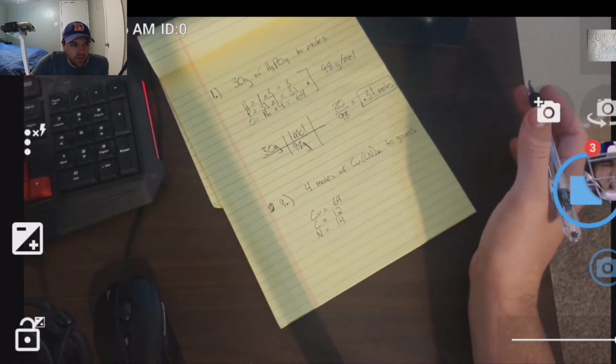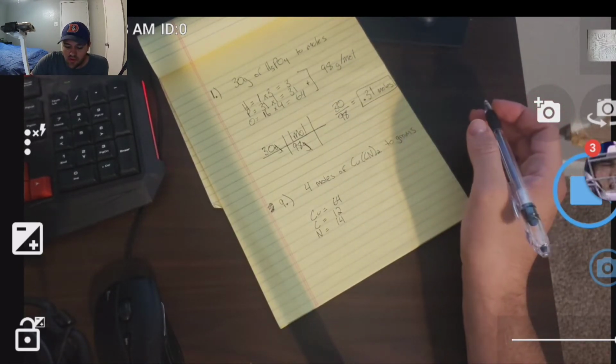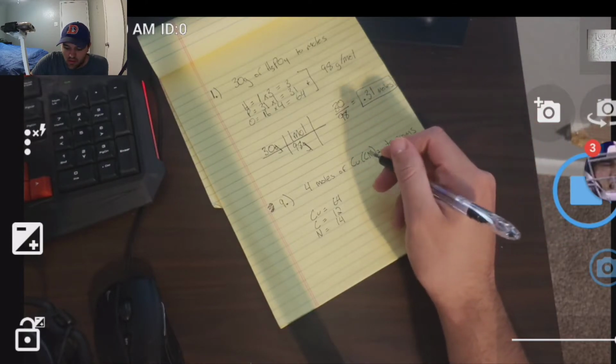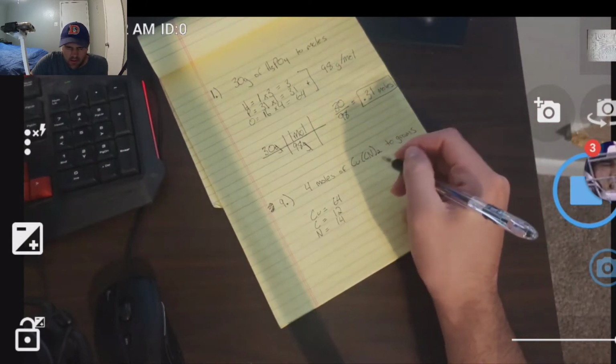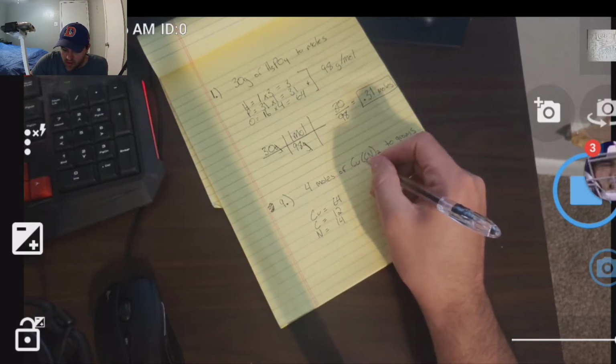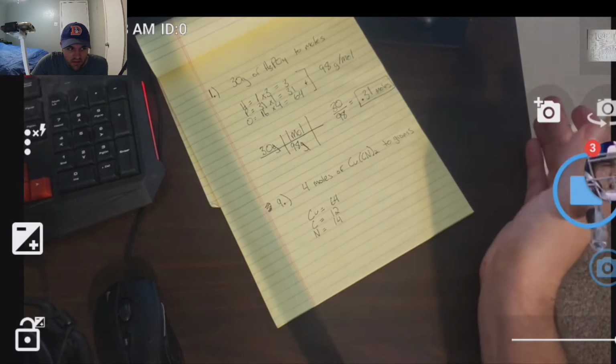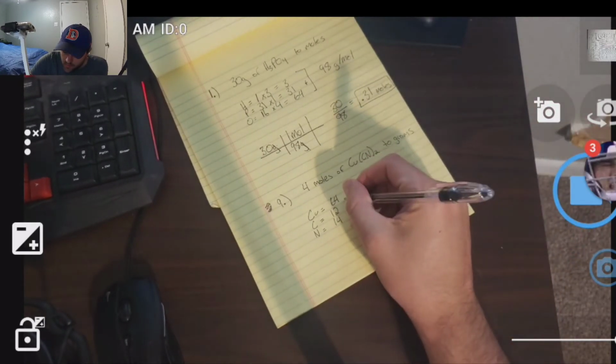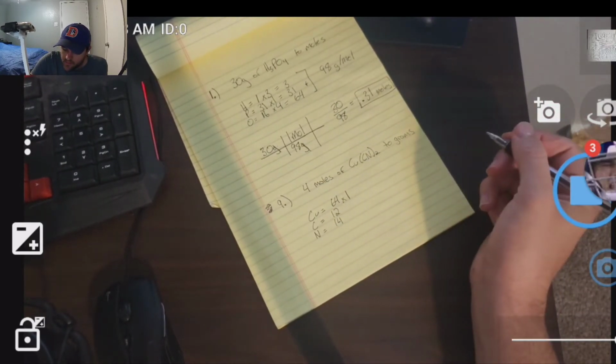Okay, so we found the molar masses. Now we have to multiply by how many of each of those atoms there are in this molecule. So if we've got copper, there's no subscript there, and it's outside those parentheses, so that doesn't apply to it. So for the copper, it's just 1.